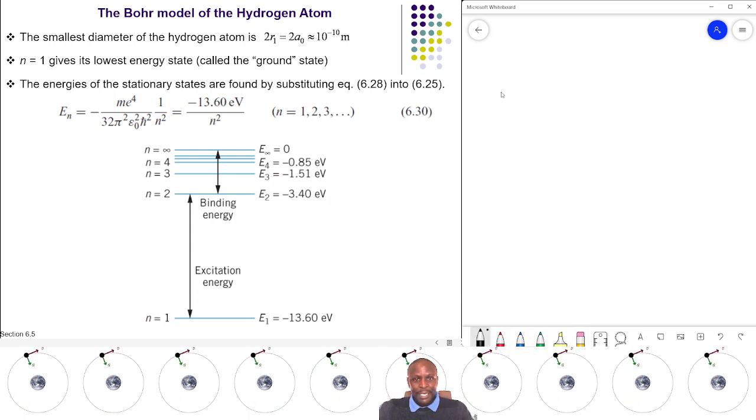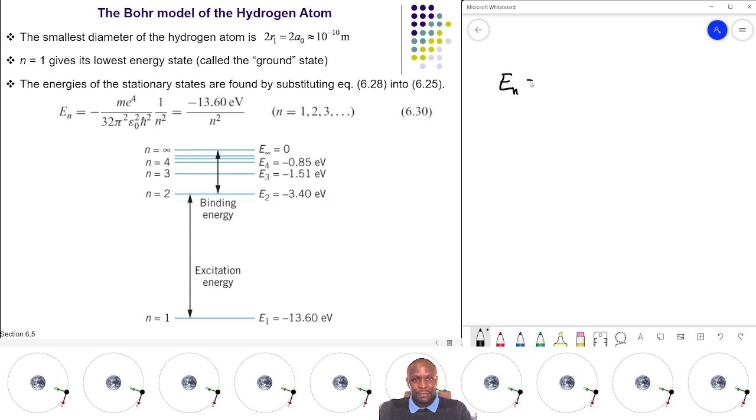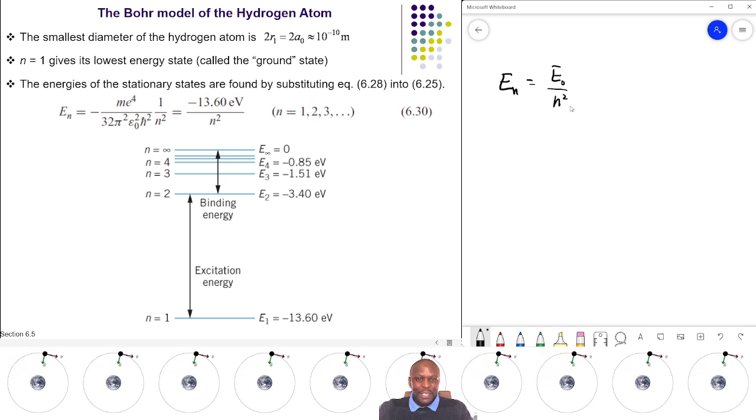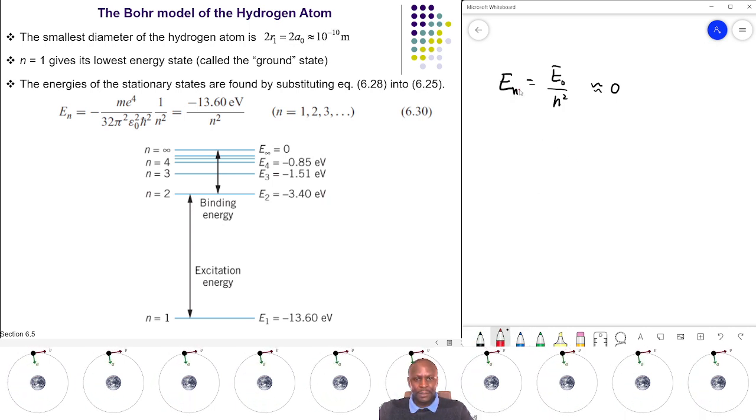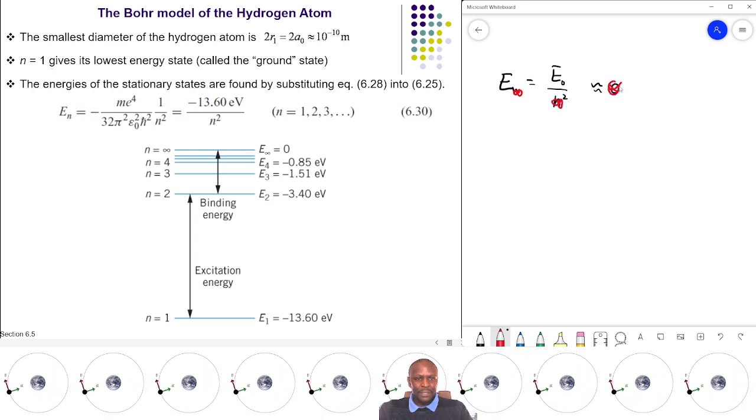As I've told you, En in some other books is defined in terms of E0 divided by n squared, where E0 is 13.60. So if you have this value divided by a very huge number, where n goes to infinity, this will roughly go to 0. So that's why En at infinity is just defined as 0.